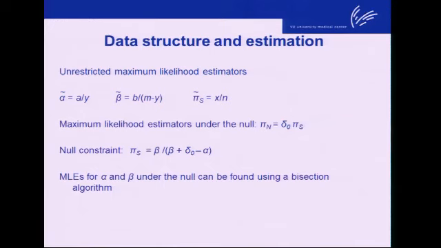But the estimators under the null constraint are more difficult to derive, because the null constraint is found by writing pi n as a function of alpha, beta, and pi s, and then solving this function for pi s.